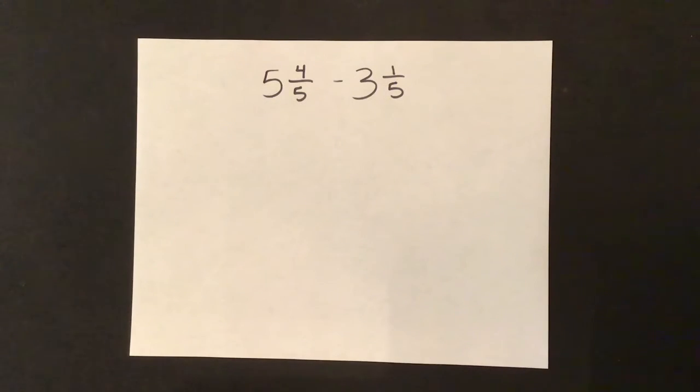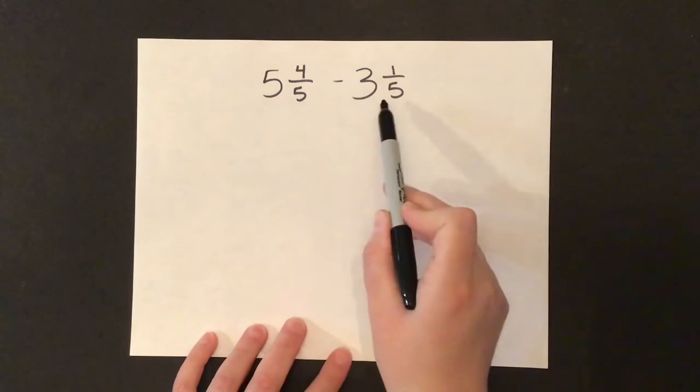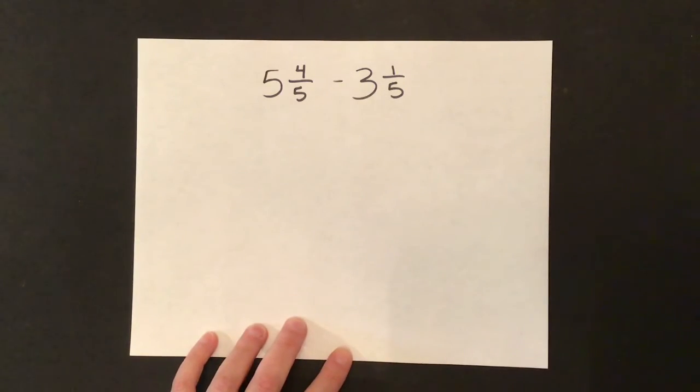Let's look at this new problem. 5 4/5 take away 3 1/5. When you see the problem written horizontally, go ahead and write it vertically.